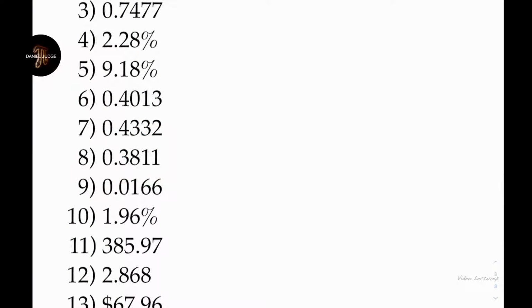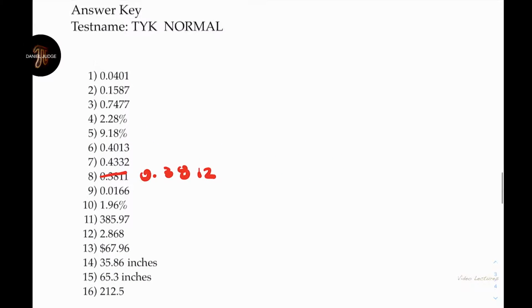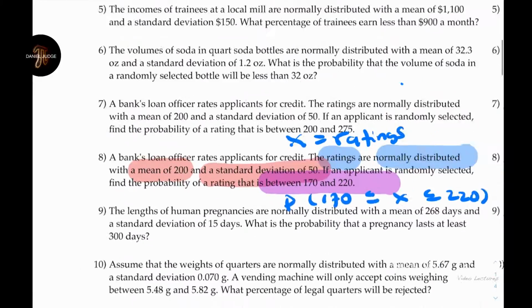Wrong page. 0.3812. So I am glad, ladies and gentlemen, we are going through it this way. And there's your solution. But again, it's a matter of approximation in all of these calculations. In the past, we used the z-table. That's really what's happening. So anyway, number 9. So it's good to know to go through this. I'm glad.